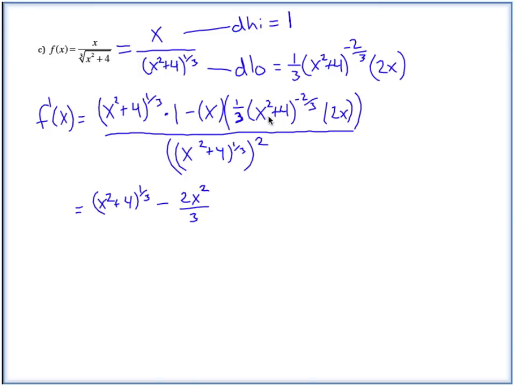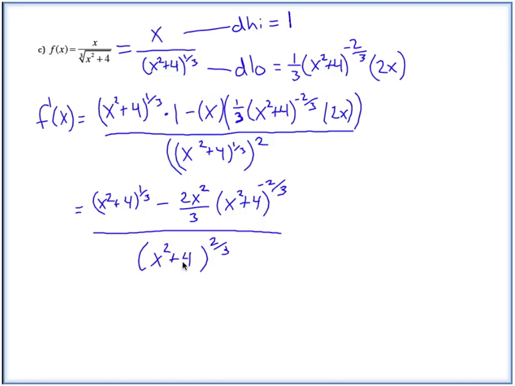And then we're going to multiply here times (x squared plus 4) to the negative 2/3. And this is going to be divided by, well, when you square a power here, you just multiply, so it's going to be 2 times 1/3. So that's really going to be to the 2/3 here. So we get (x squared plus 4) to the 2/3.